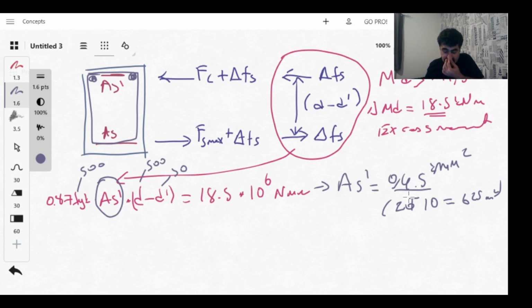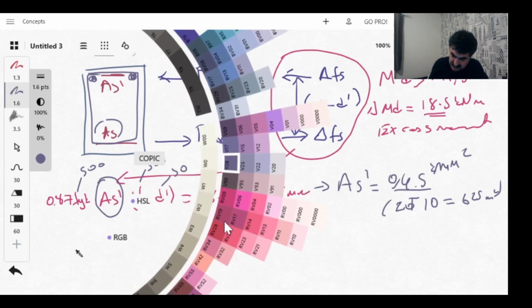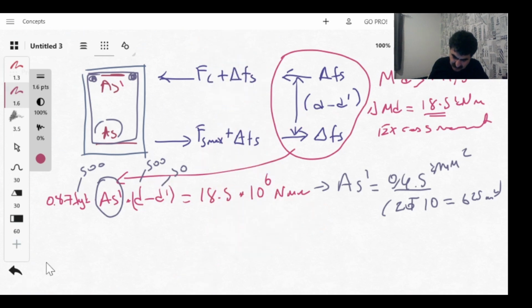So now we can calculate the tensile reinforcement AS. From the equilibrium, we can calculate it. Let me take another different color.